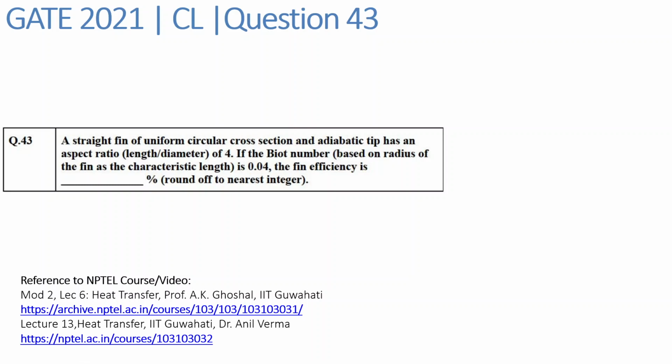So here we have been given the aspect ratio of 4 and the Biot number based on radius. So this is important information. We have to calculate with the Biot number based on the radius of the fin as the characteristic length, which we have been given as 0.04, and we have to find the fin efficiency. So let's look at the video solution.